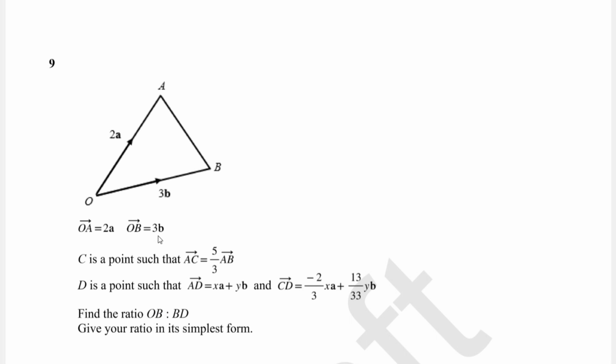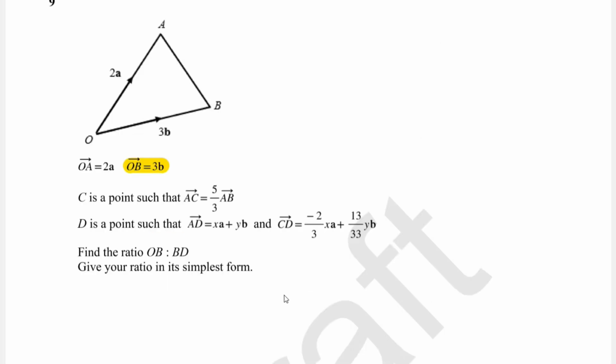Now we will be using this vector OB at some point, so let's highlight it. The first thing we can do is find out what this vector AB is. We are going from A to B, so that's equal to negative 2A plus 3B.